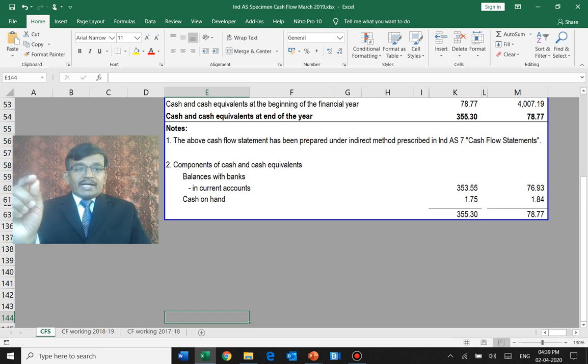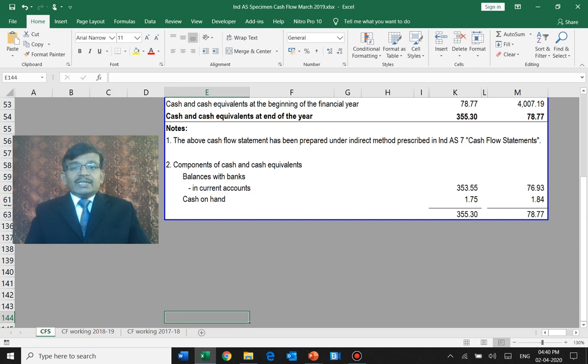With this, we will add the opening cash and cash equivalent from the previous year, and this will be the cash and cash equivalent at the end of the year. This cash and cash equivalent should always be reconciled with the cash and cash equivalent which we are showing in the balance sheet.